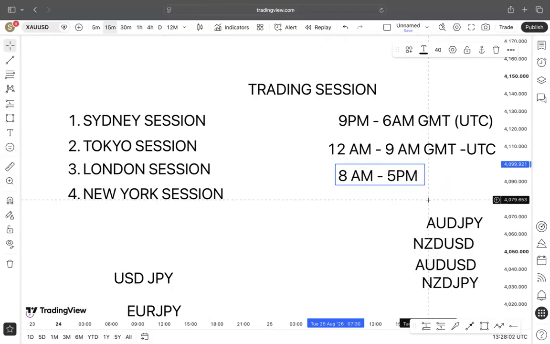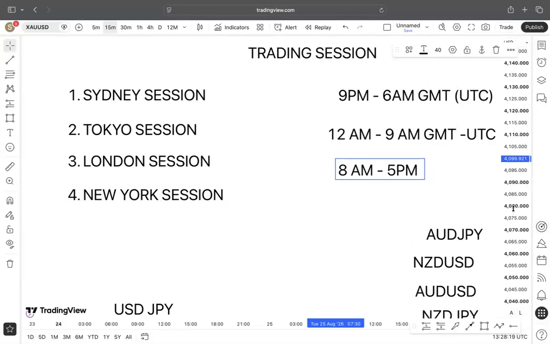Now, the London session is the most active session due to high participation of banks, financial institutions, and traders across Europe, resulting in increased market volatility.